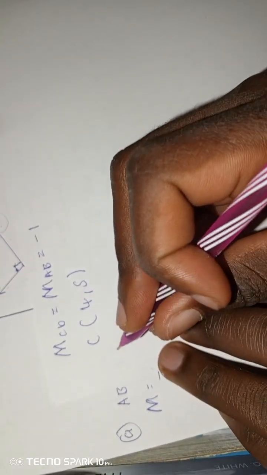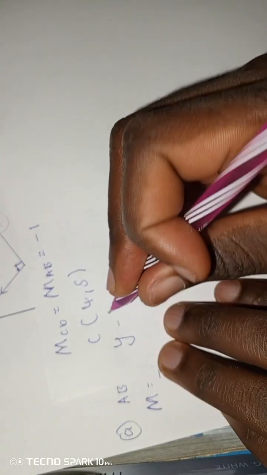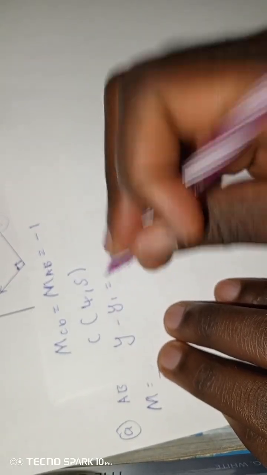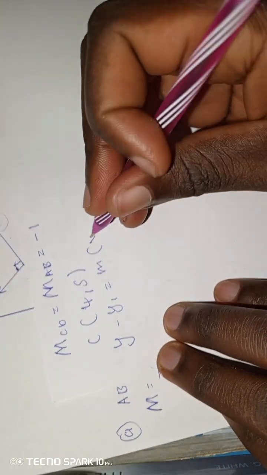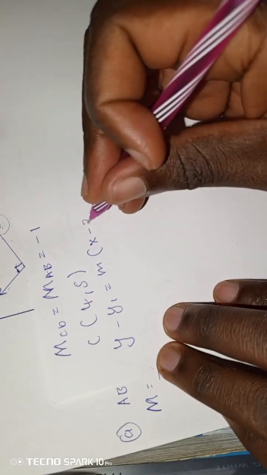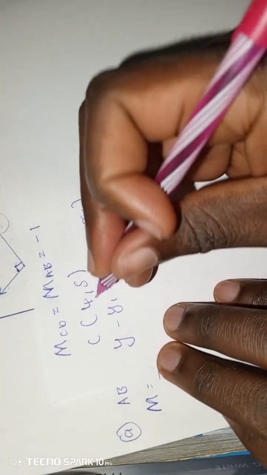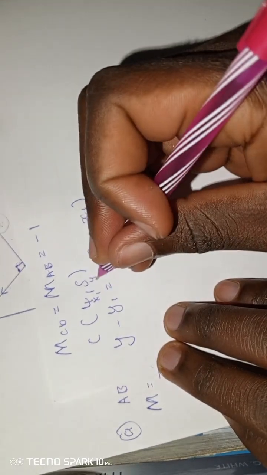So write the equation, which is y minus y1 equals to m open brackets x minus x1. This is our x1, this is our y1.